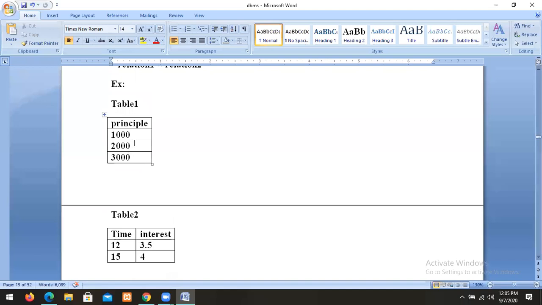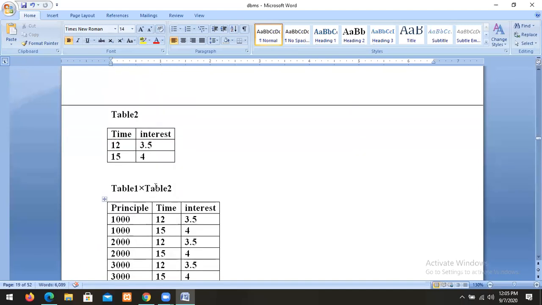So when I take T1 into T2, we call it product, or Cartesian product.